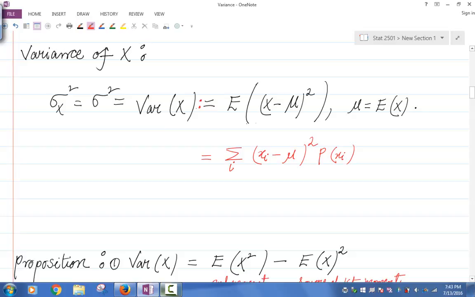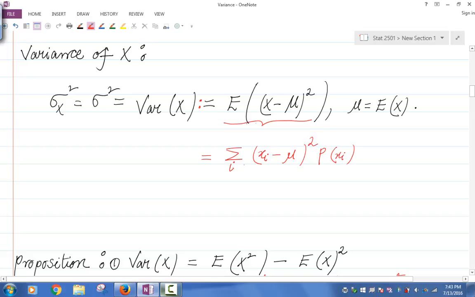It is the expectation of (X minus mu) squared, where mu is the mean or the expectation of X. Written out, it is the summation of (xi minus mu) squared times p of xi, where the sum goes over all possible values of i.